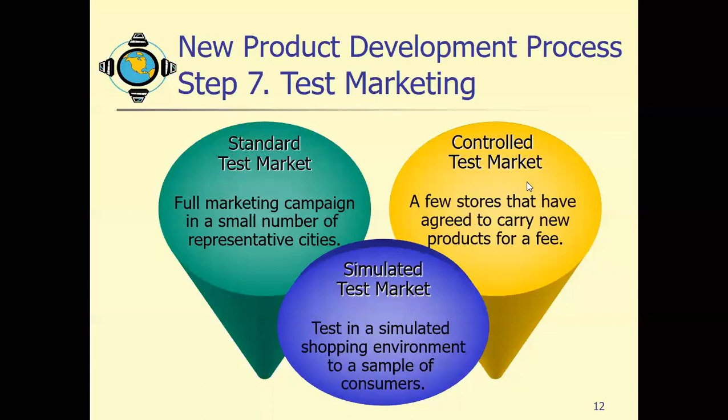Controlled test market: a few stores that have agreed to carry new products for a fee. So you can just select one city. In one city, you can talk to a few stores, maybe 10 to 20 stores, or 25 stores, or 50 stores.